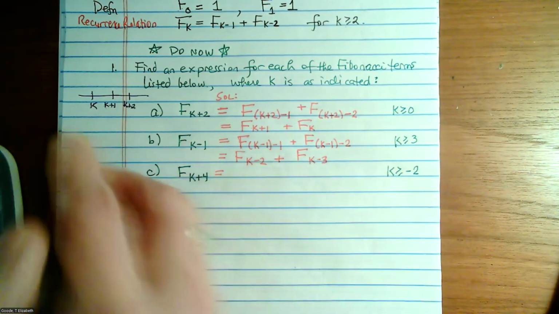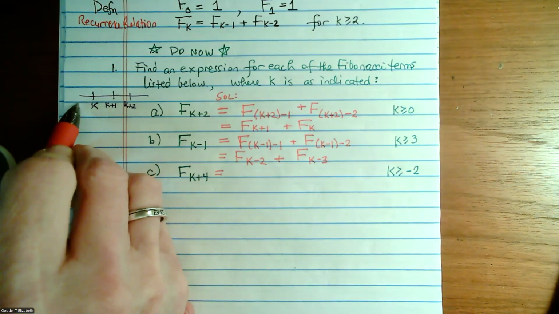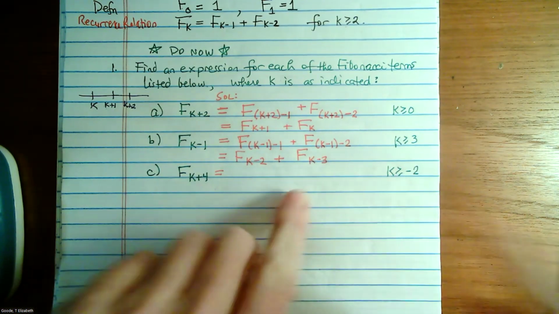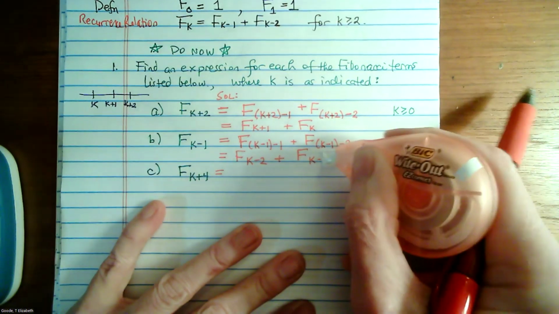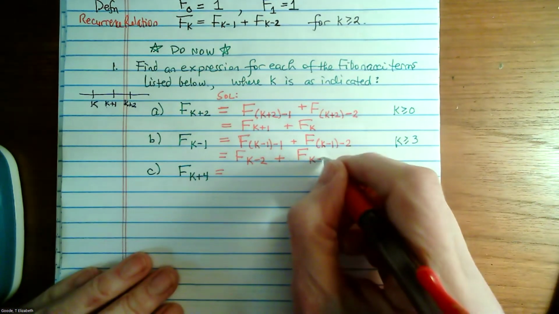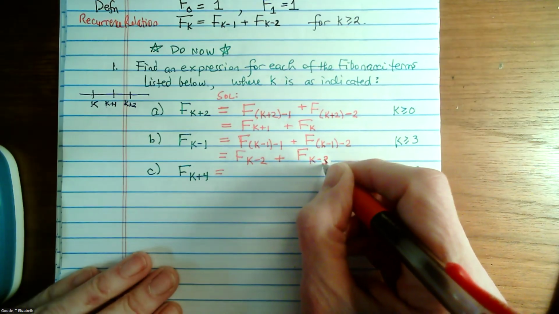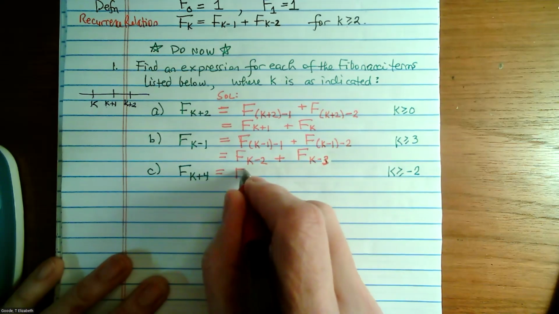And that makes sense, because if you keep going down, down, down, the one to the left of K would be K minus 1, and then K minus 2, and K minus 3. Wait a second, this is a 3. Okay, just want to make sure it looks like a 3. Well, it was better before. Good grief. All right, what about this last one? What are you getting for it?